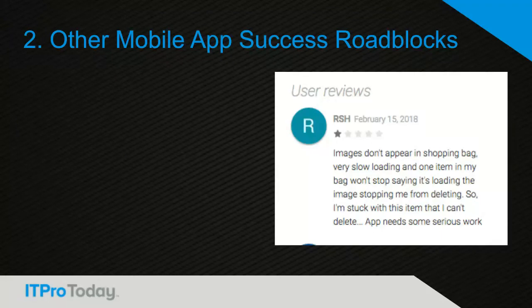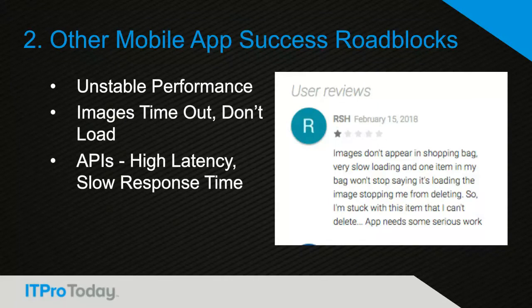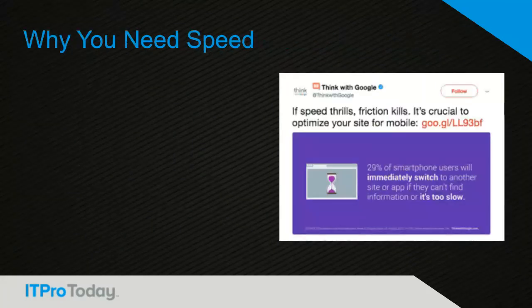Unstable performance, APIs that cause high latency, slow response times, images that time out and don't load, and low user ratings and poor reviews. So I'm going to talk about all of these in a little bit more detail, along with giving you some data. So, why you need speed?